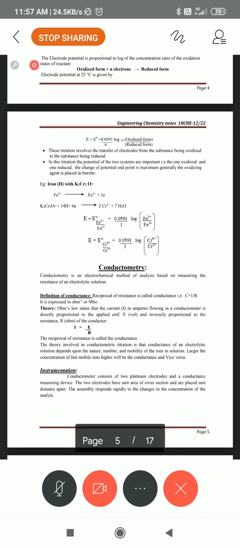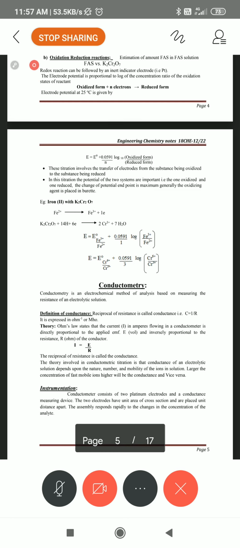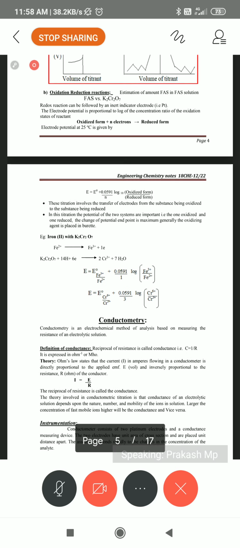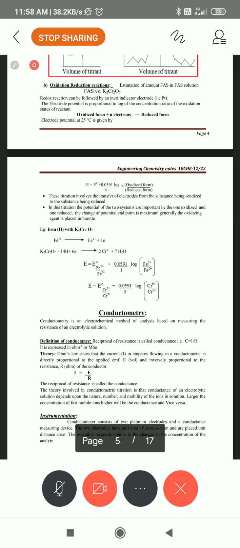So this is the experiment. In any of the experiments we have done in chemistry, the advantages here are more. If the quantity is very small, say 1 gram is dissolved or 0.1 gram is dissolved, even a small quantity of salt can be calculated very accurately.